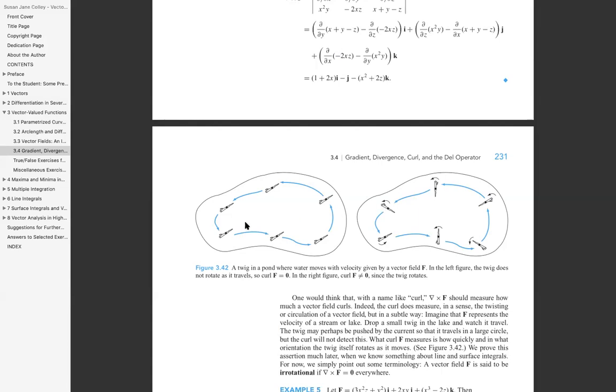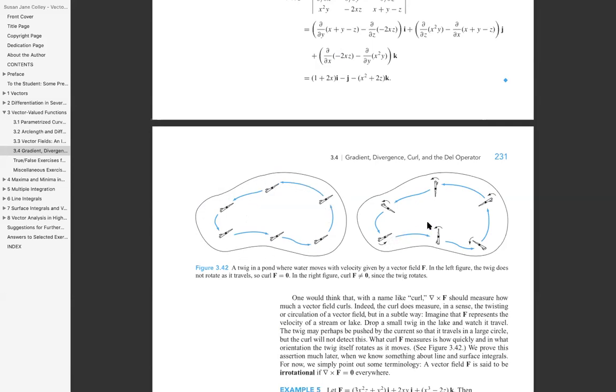For example, if you have the object here, it doesn't have any rotation. When it flows back to the original position, the orientation of this object stays the same. It still points in this direction, or along this line.